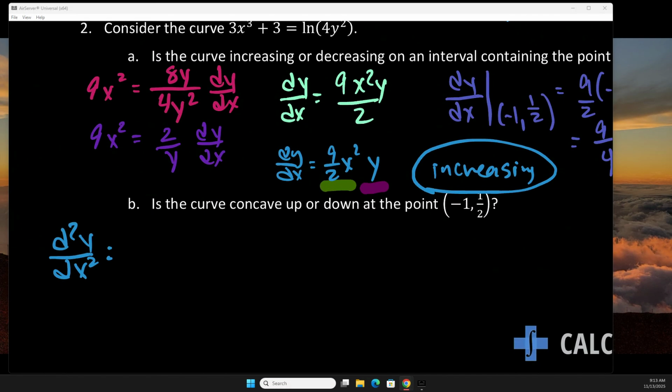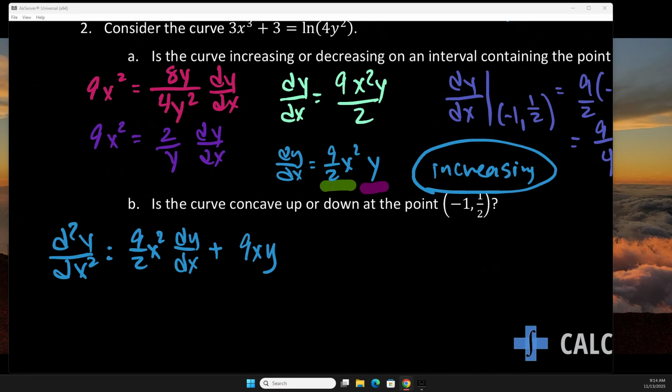Alright, so when I do the product rule, I'm going to leave that 9/2 x squared alone, and I'm going to multiply by the derivative of y. dy over dx. Good. Then I'm going to leave y alone, and I'm going to multiply by the derivative of 9/2 x squared. Should be 9x. Good job.